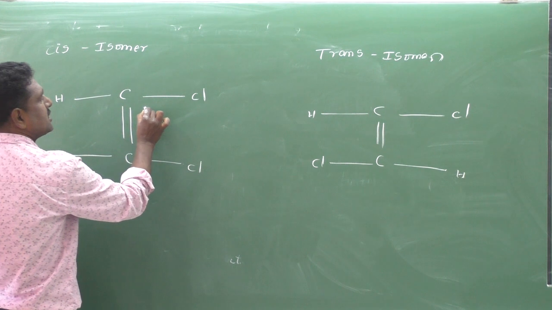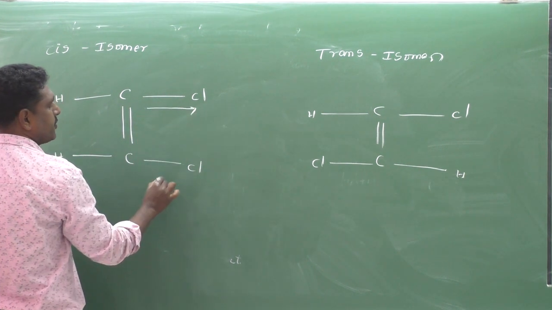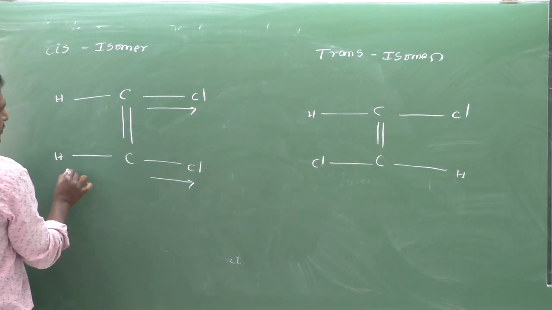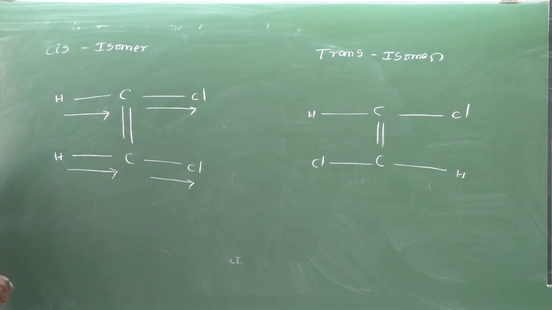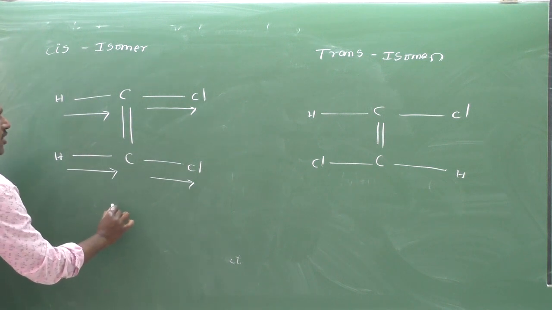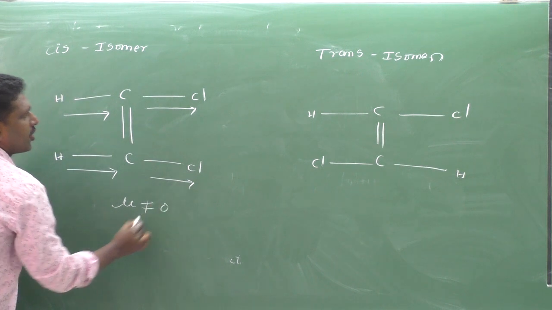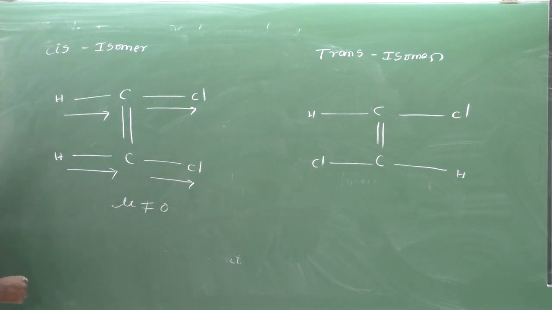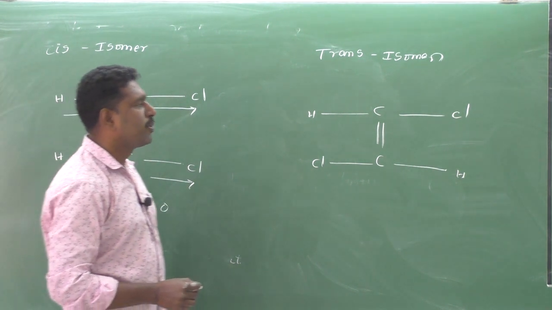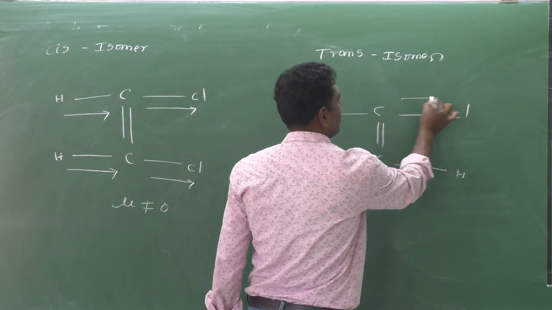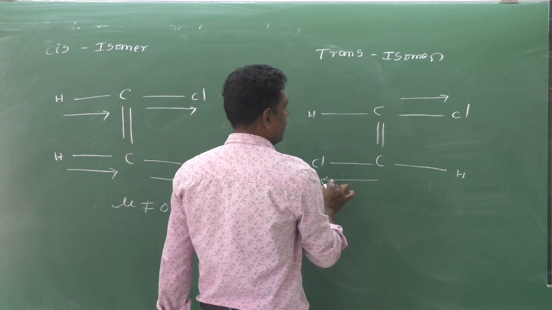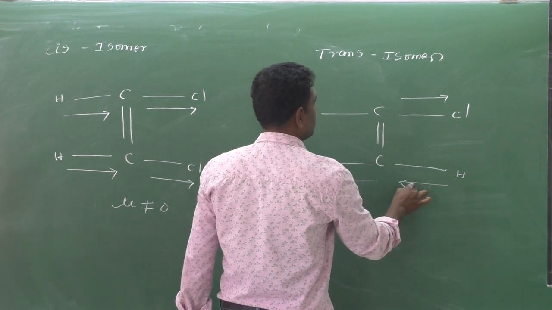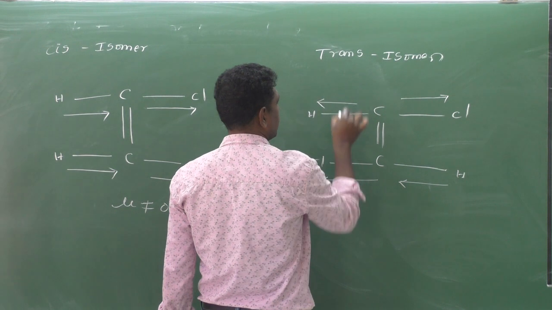So here the bond moment is in this direction, in this direction, in this direction, in this direction. Therefore, the bond moment is not equal to 0 in case of cis isomer. But in case of trans isomer, here in this direction, in this direction, in this direction, in this direction.